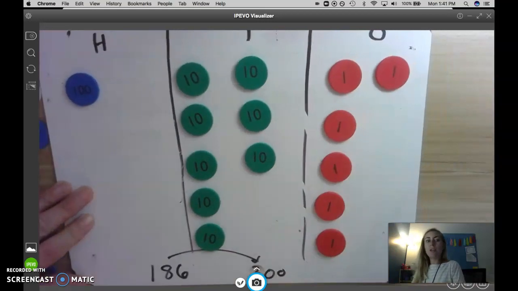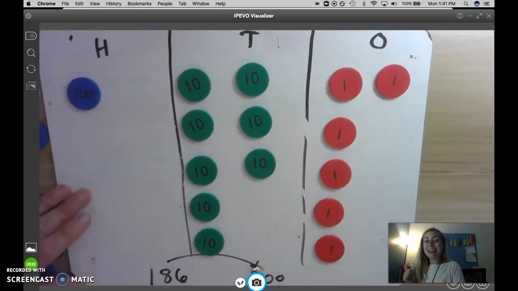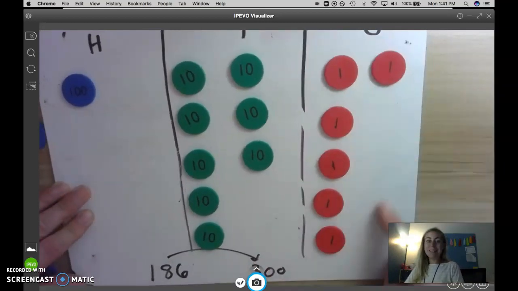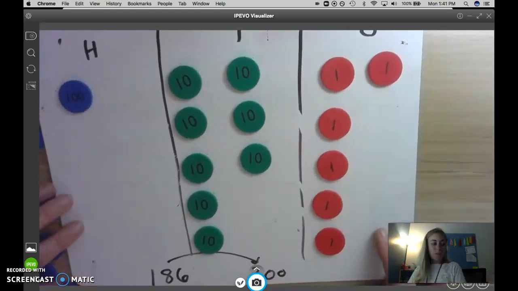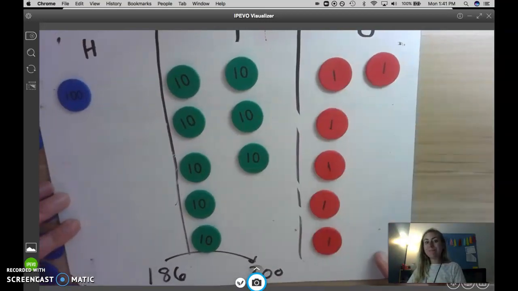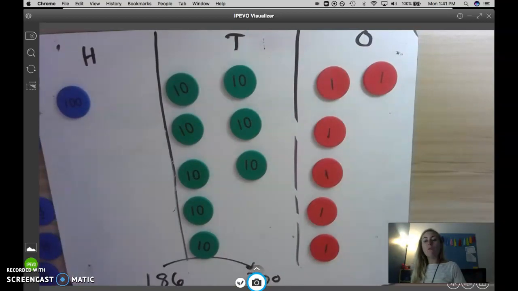Now I have 186. I need to get to the next 10. How many ones do I need to get to the next 10, if I'm at 186? That's right, I need 4 more ones.